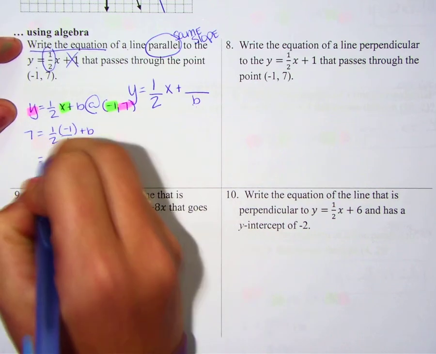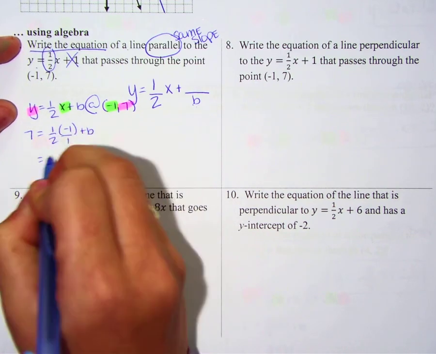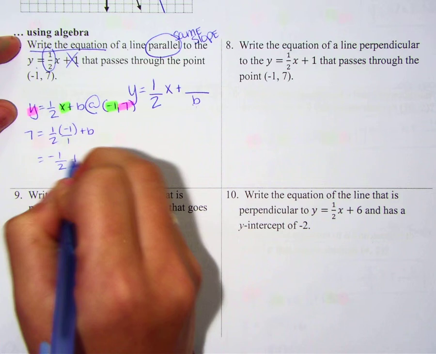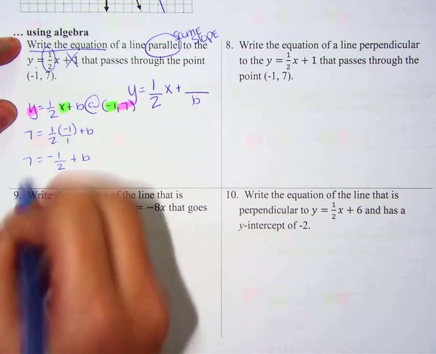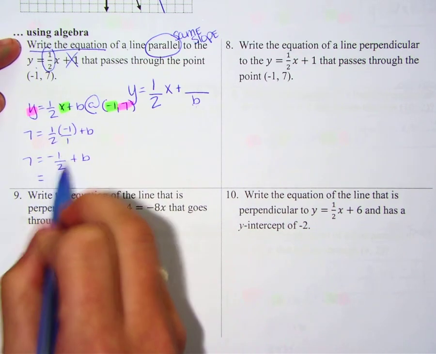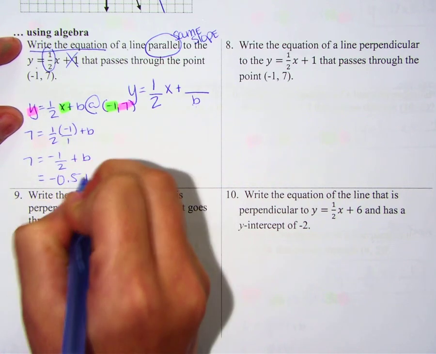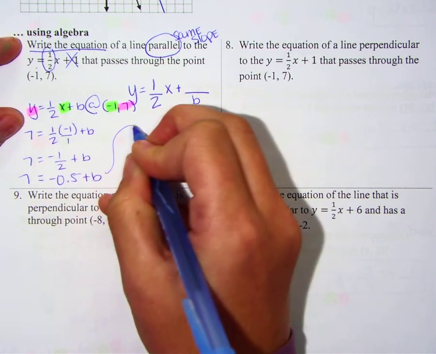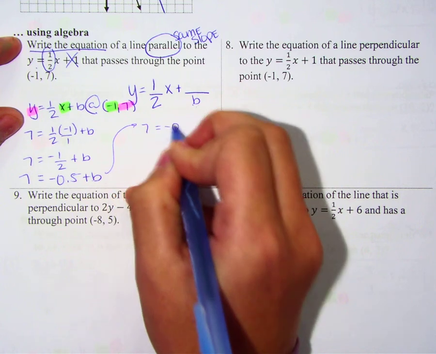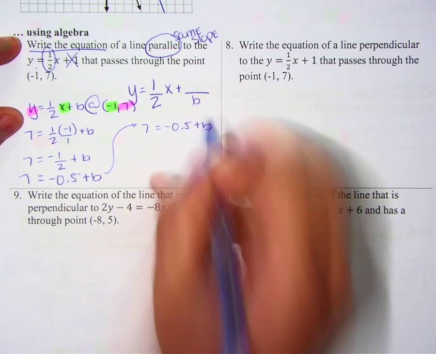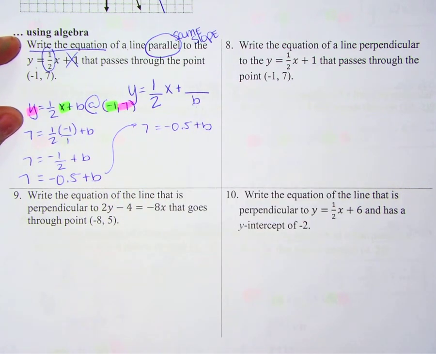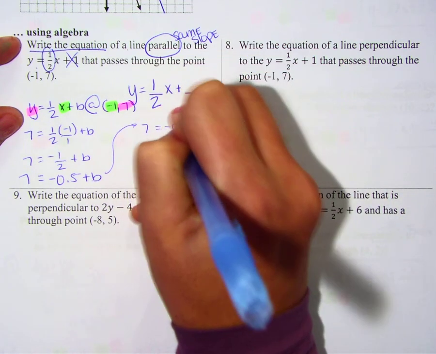This is going to stay multiplied straight across, negative 1/2. Now I personally don't like working with fractions, so I'm going to change this to a decimal. You can do that. 7 equals 0.5 plus b. So I will add 0.5 to both sides.